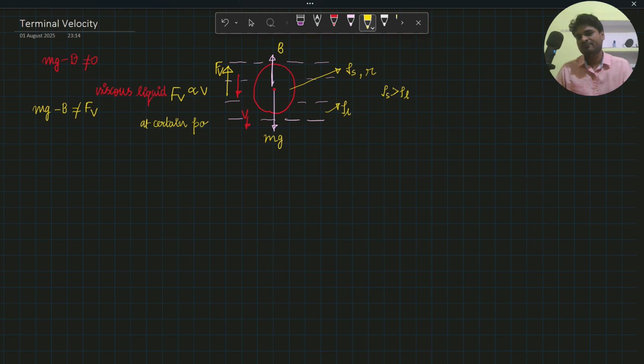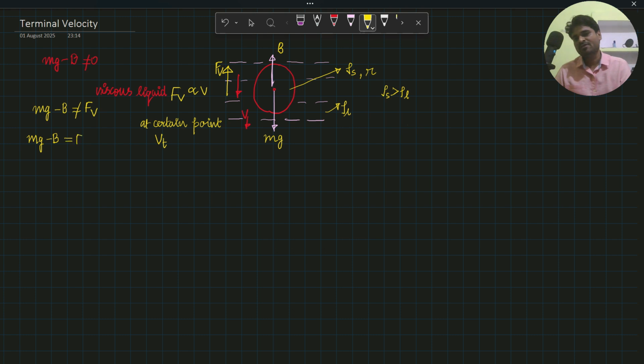At a certain point, when the velocity of the ball is sufficiently high, at velocity vt, this force balances: mg minus b is equal to the viscous force.